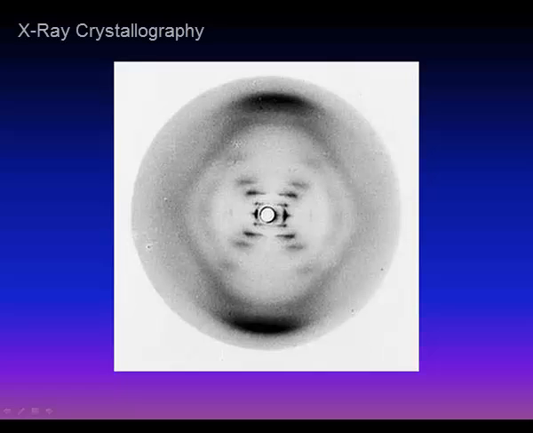In X-ray crystallography, a substance is crystallized, and this is used both for proteins and also nucleic acids. When you form a crystal of something, you basically freeze it in a way that the structure is repeated over and over again in a very regular way. And so this is a photograph of a crystal of DNA.